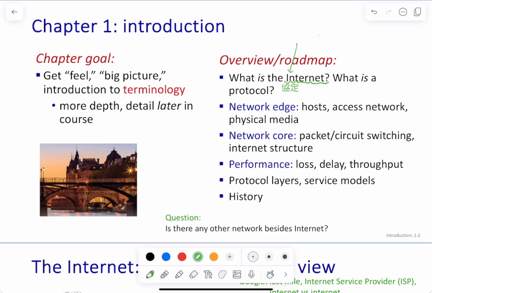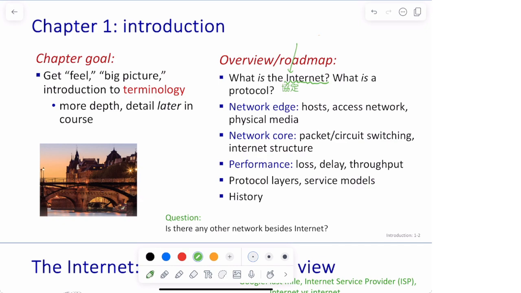Okay, and of course there are some performance issues, in that different types of media, different types of communication protocols, and different types of communication structure have different performance. It means we have different loss rates.